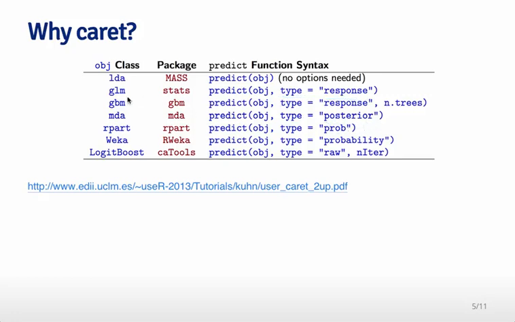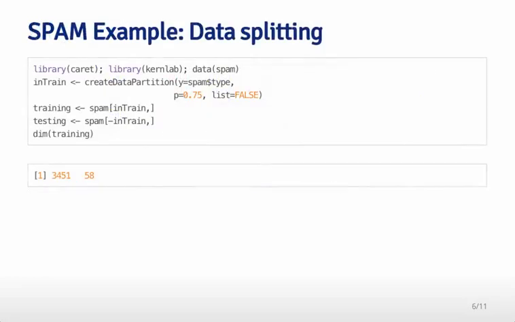For example, for a GLM fit we have to say type equals response to get the prediction of the response from that model fit. If we want to use rpart, we predict with type equals prob in order to predict the response. In each case they're a little bit different, and the Caret package provides a unifying framework that allows you to predict using just one function, without having to specify all the options that you might care about in order to get the same prediction out.